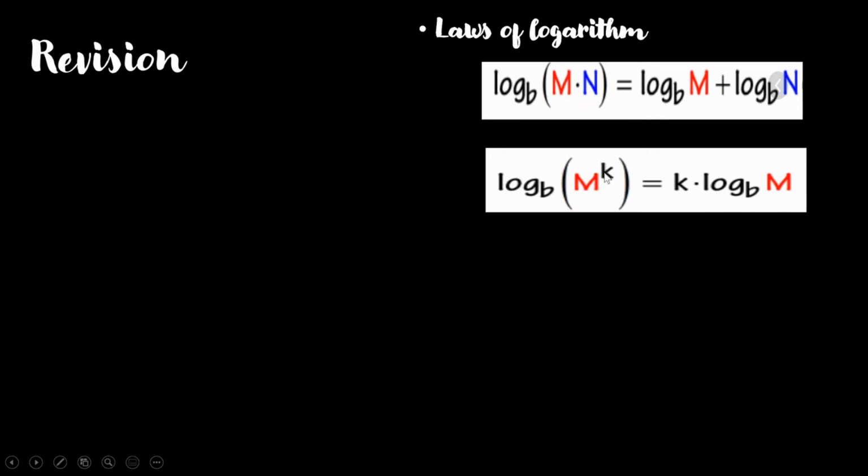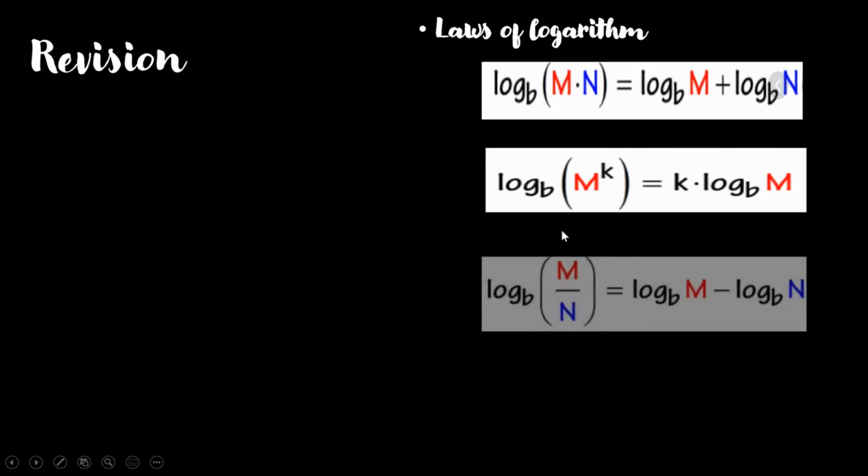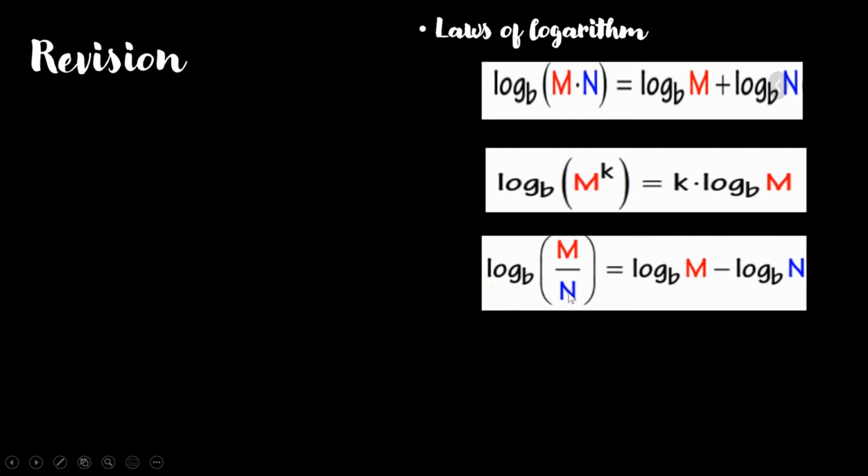So whatever is the power, it comes as a multiplier outside your logarithm. The third is the quotient law, where log of m divided by n with base b will be equal to log of m with base b minus log of n with base b.